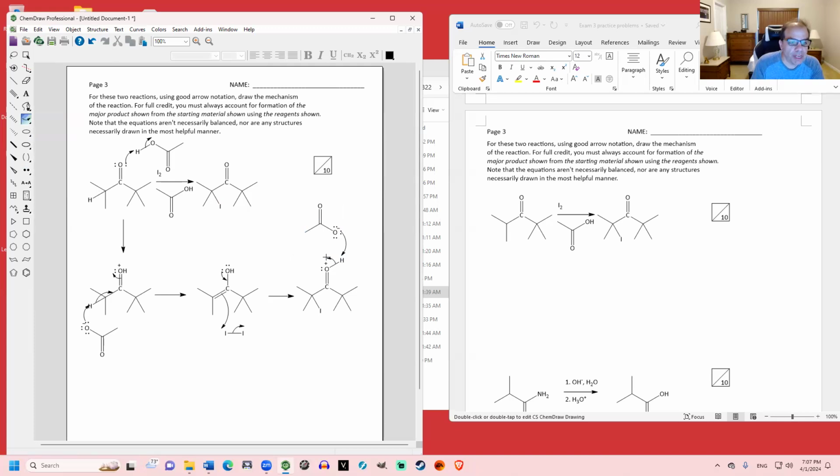We break the oxygen-hydrogen bond, put the electrons back onto oxygen, and that gives us our product. Like that. So that's the mechanism of alpha halogenation in acidic medium. It can also be done in alkaline medium, but that's how it looks in acidic medium. And that's basically it for the first mechanism.